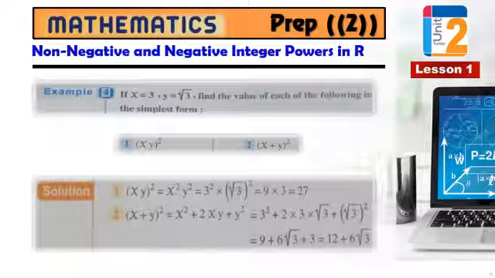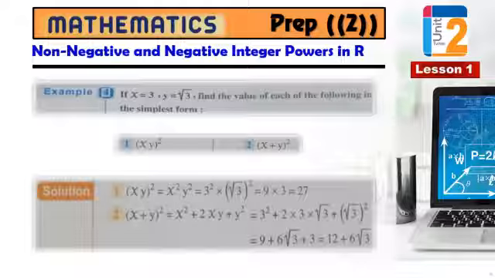To solve, we substitute the value of x and the value of y, and then solve it as a normal example. So we say 3^2 times (square root of 3)^2. 3^2 equals 9, and (square root of 3)^2 equals 3, and 9 times 3 equals 27.